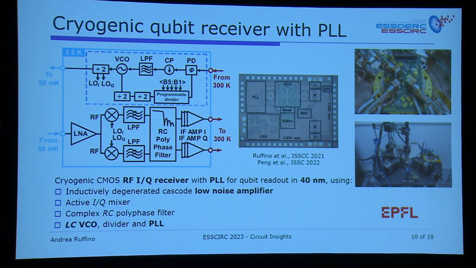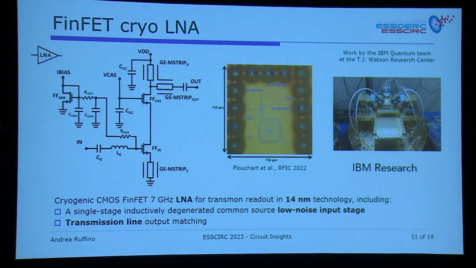So after these examples about spin qubits, in the next slides, I would like to show some examples of cryogenic CMOS circuits for superconducting qubits that are the result of a global effort from IBM Research and from the cryogenic CMOS team within IBM Research. And the first example is a cryogenic CMOS FinFET LNA, which was designed in 14 nanometer technology, which operates at 7 gigahertz, which is used for superconducting qubit readout.